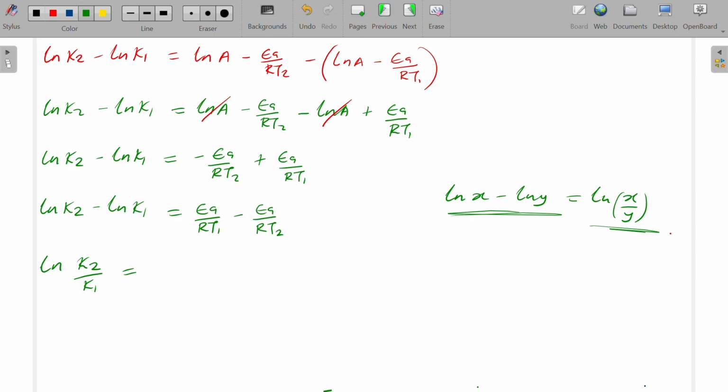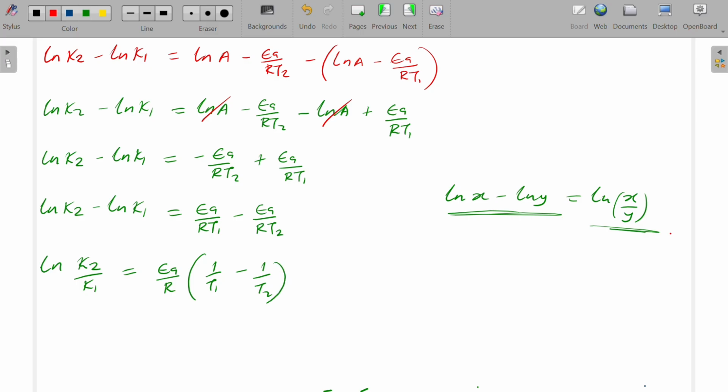So we can factor that out. When we do that, we have activation energy over R. And when we take activation energy over R on the first part, we'll have 1 over T1 remaining. And this will be subtracted by, on the other side, 1 over T2, like that.